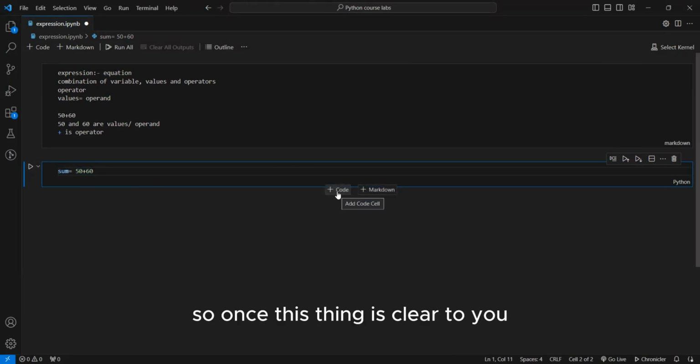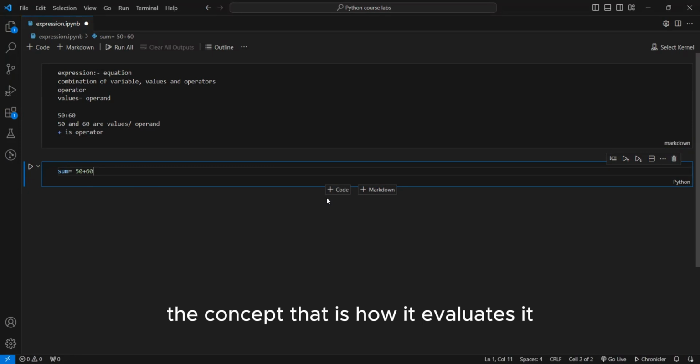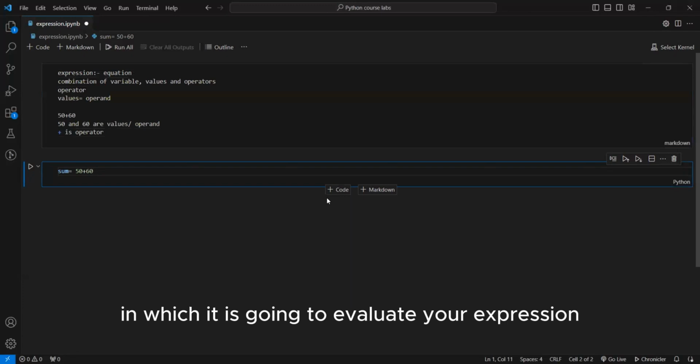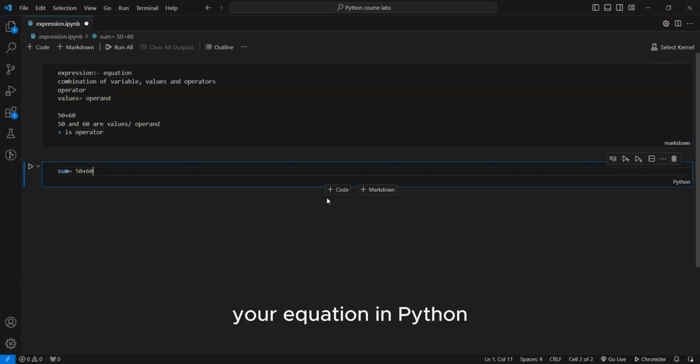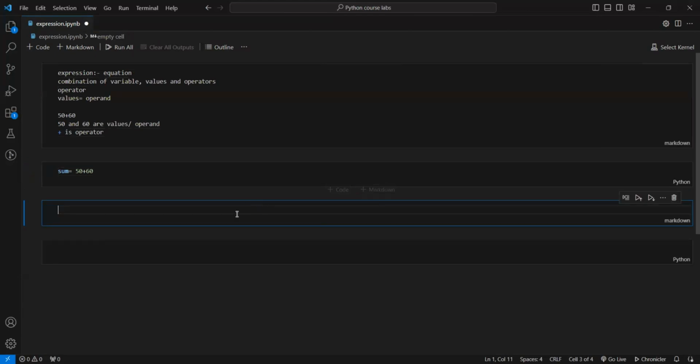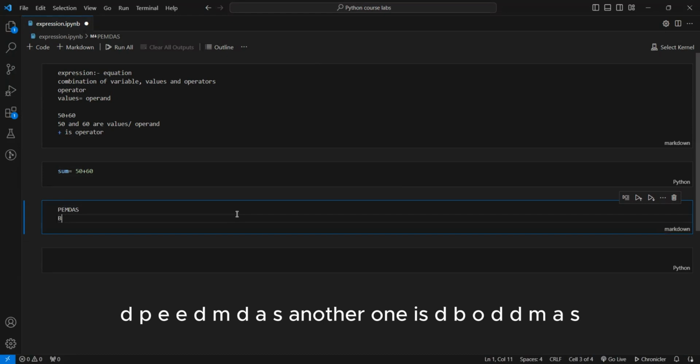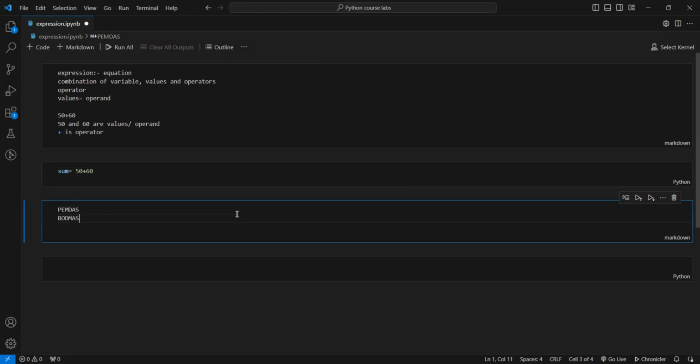Once this is clear to you, let's move on to how it evaluates it. What is the scenario in which Python is going to evaluate your expression, your equation? There are two things which you have learned in your mathematics in school as well: one is PEMDAS, another one is BODMAS.